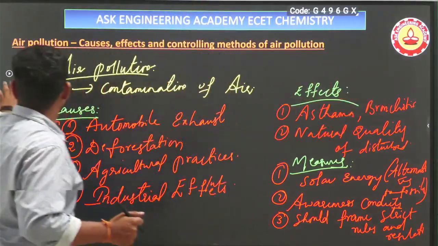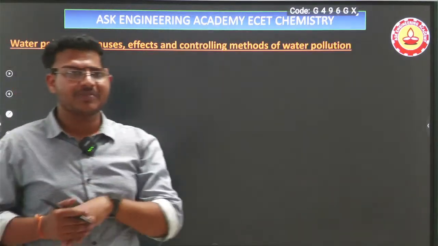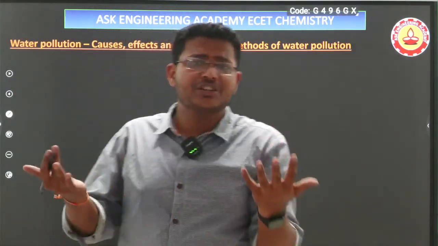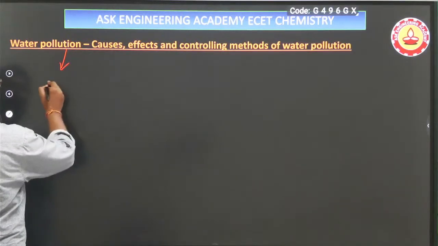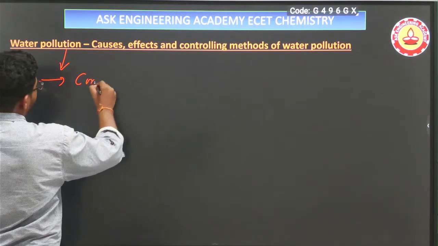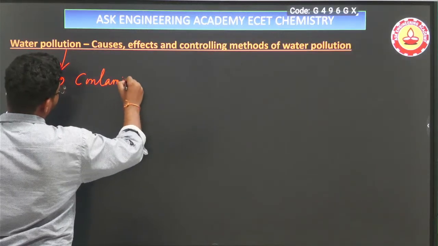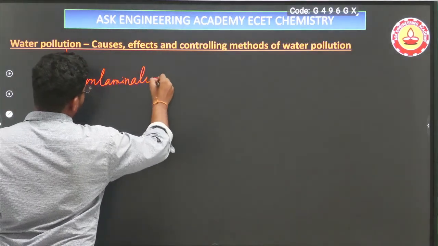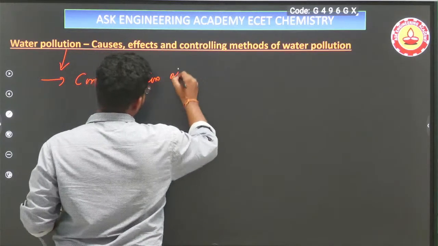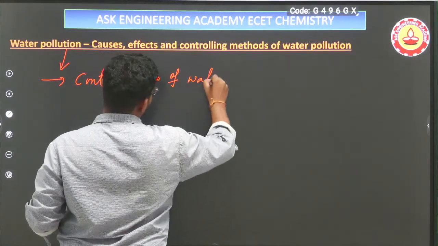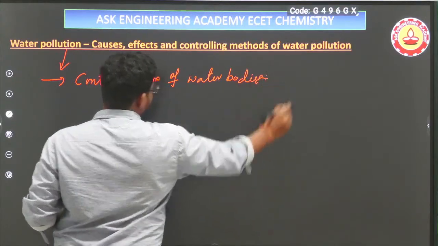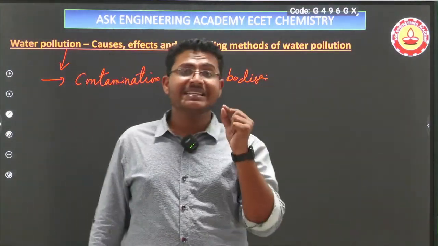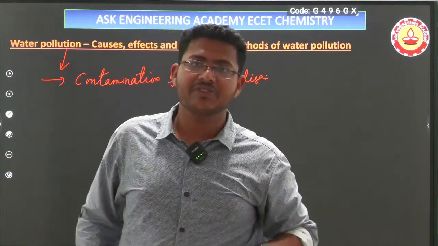Now we are moving on to water pollution. Water pollution means it is nothing but contamination of water bodies. We know that water is a very essential component for all human survival.